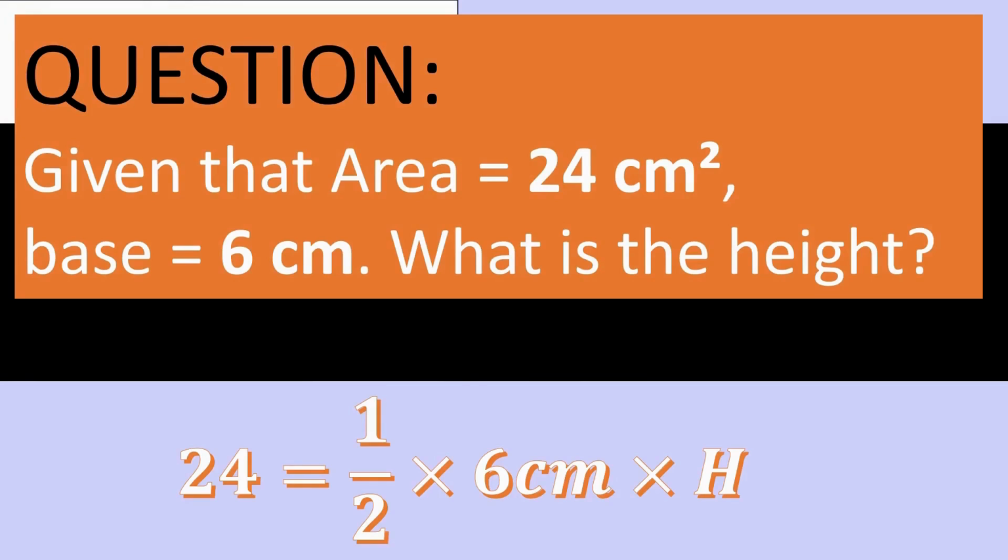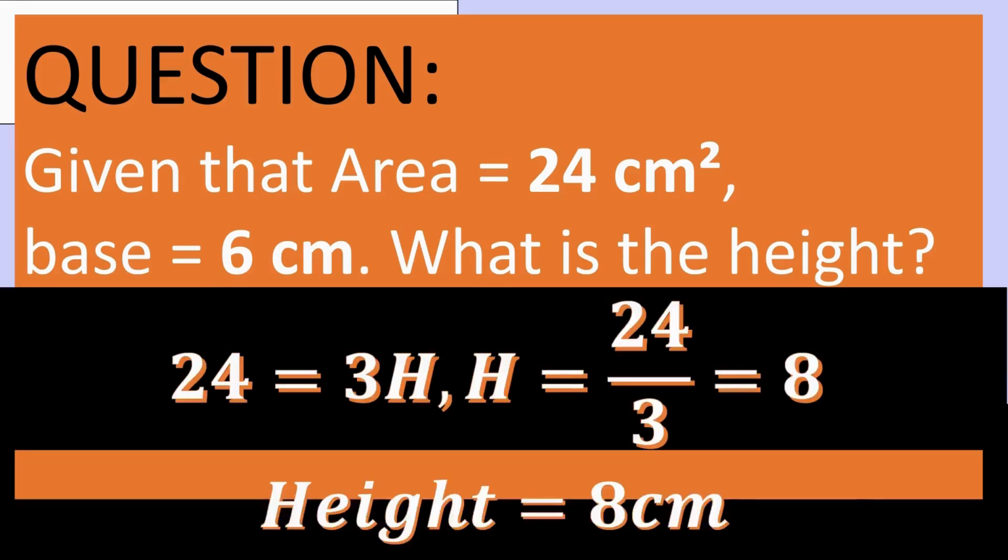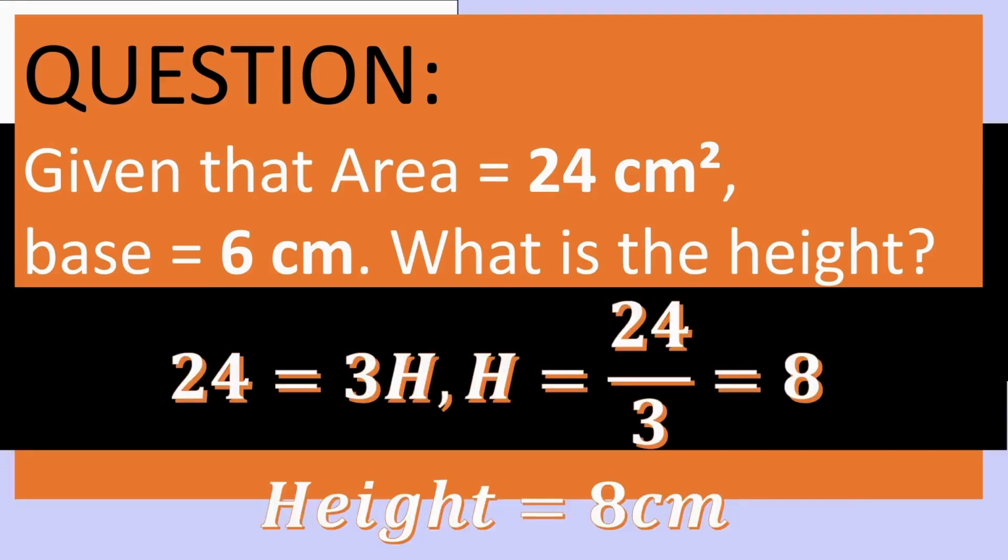Area equals half times base times height, so we plug in what we know. 24 equals half times 6 times height. Now half of 6 is 3, so we have 24 equals 3 times height. To find the height, we divide 24 by 3, which equals 8. Therefore, the missing height is 8 centimeters.